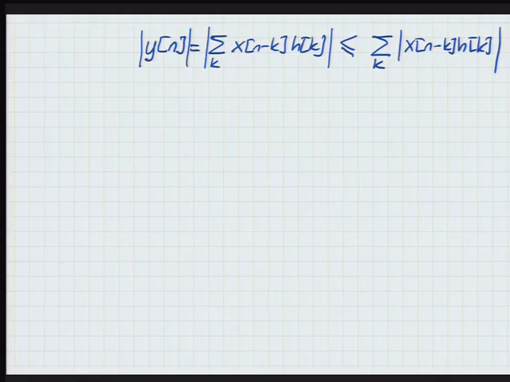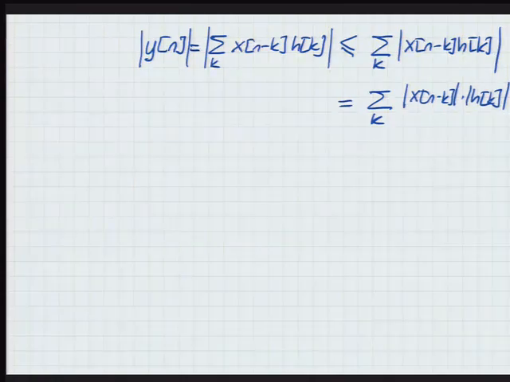Now, the absolute value of a product versus the absolute value of the individual things multiplied. Which one is bigger, or are they the same? They are the same, right? They are both positive, same magnitude. So here we haven't lost anything. It's actually equal. Now, we're doing a summation here. X, I know, is a bounded input.